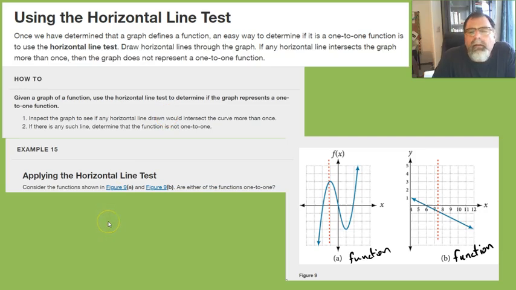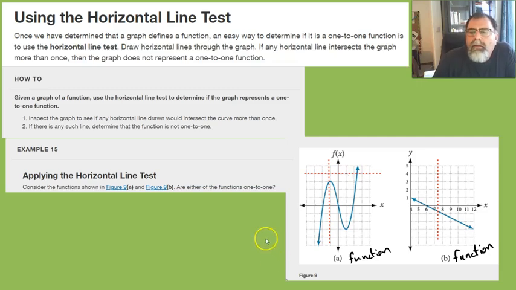So again, a vertical line is a particular x value, and a horizontal line would represent a y value. This one is at y equals, what is that, 5? 1, 2, 3, 4, 5. Okay, you can see it hits the graph once. So that y gets just one x.